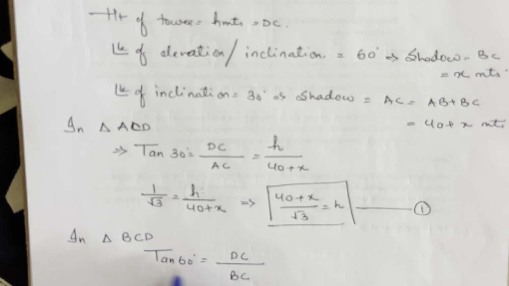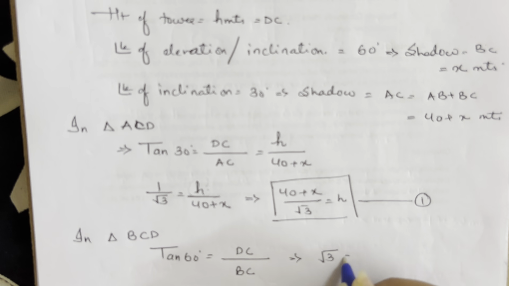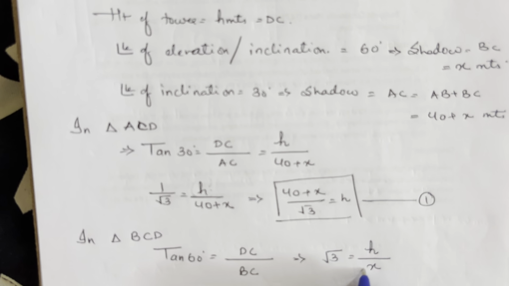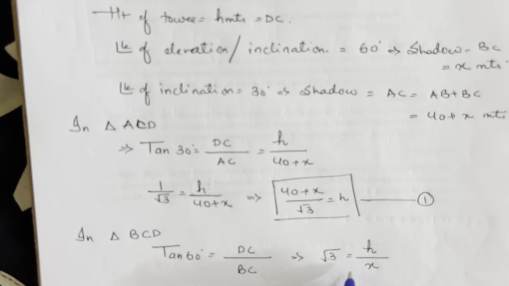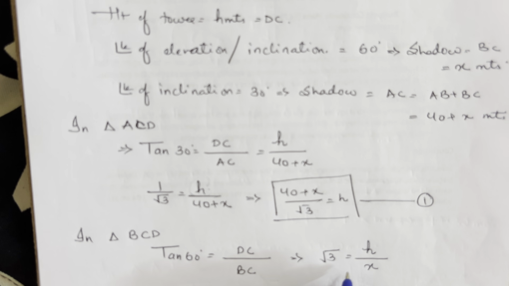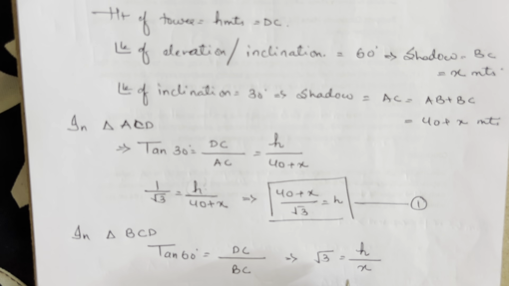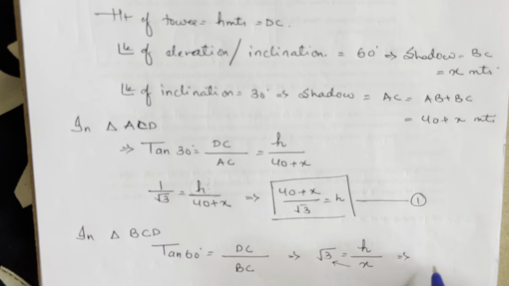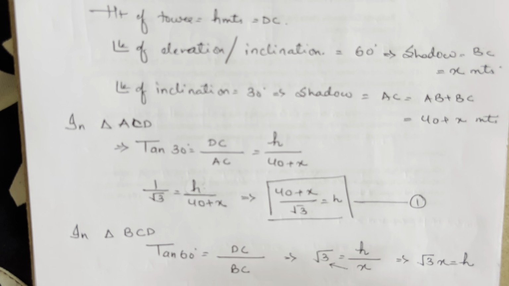Tan 60 is root 3, equal to DC which is h, and BC which is x. When I send it to the other side, it becomes root 3 x is equal to h.